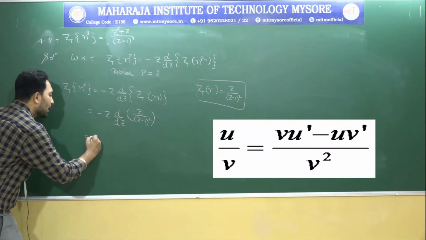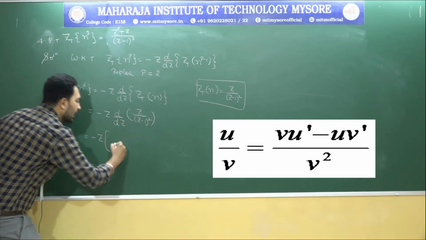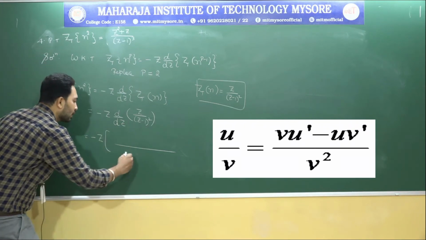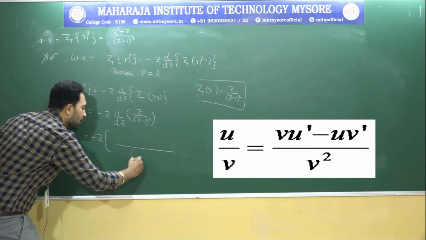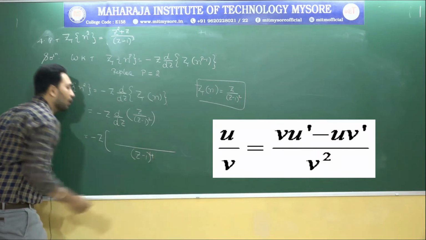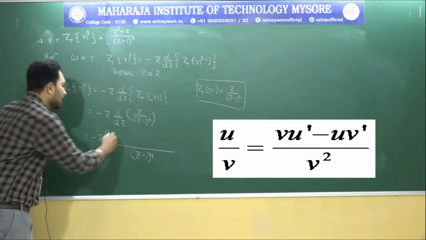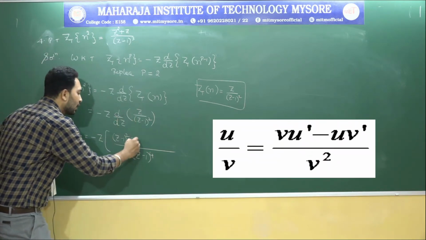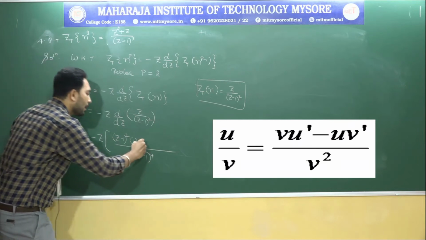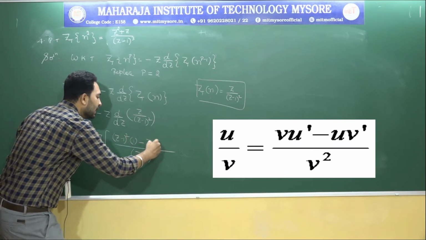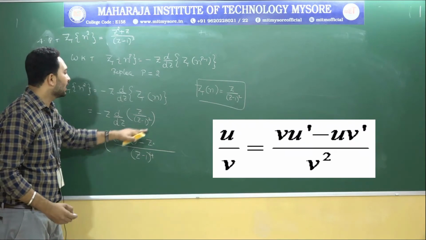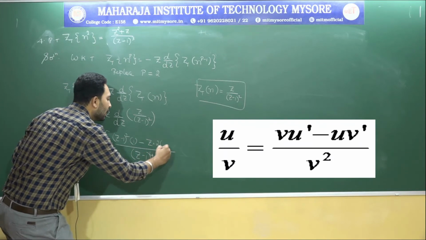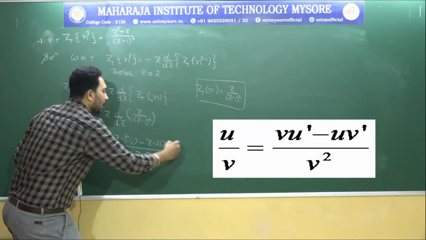The u by v method means minus z into, again as I solved in the last problem, the denominator z minus 1 whole square becomes z minus 1 power 4 as denominator square. Next, denominator into differentiation of numerator, differentiation of z is 1, minus numerator z into differentiation of denominator z minus 1 whole square. Differentiation of z minus 1 whole square is 2 into z minus 1.